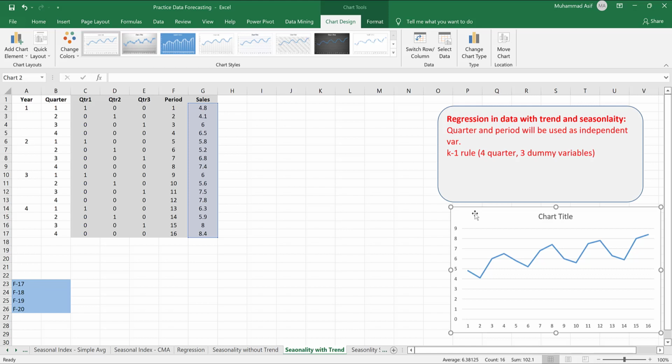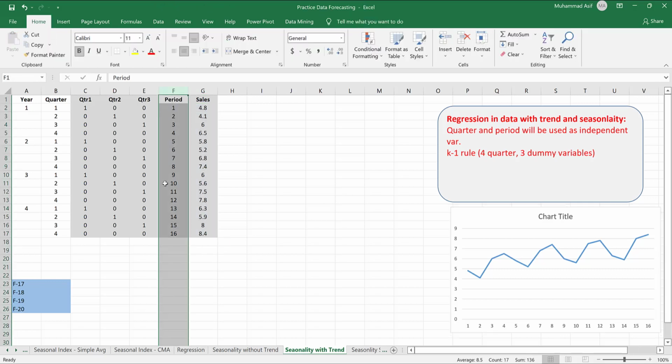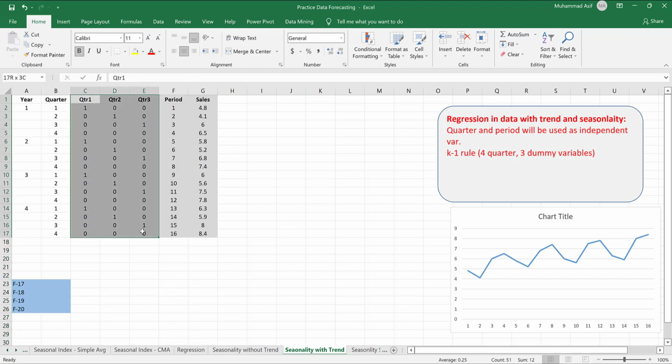So what we do is again summarize this data, but we add here a period that will represent trend. These are quarters that represent seasonality, and again the same logic: we have 4 quarters, and therefore using the k minus 1 rule we'll have 3 dummy variables.